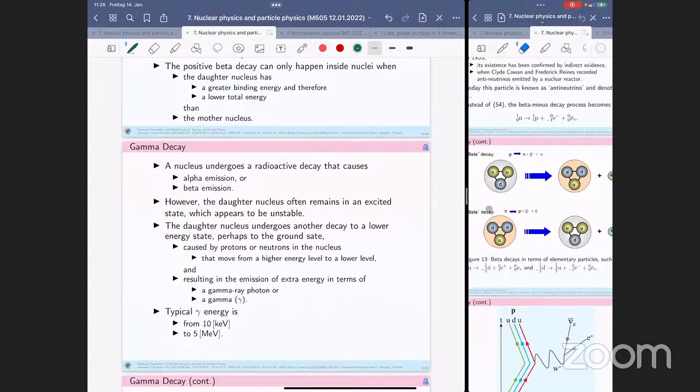The nucleus of nitrogen or potassium needs some time to cool down and remove the vibration. The removal of the vibration gives us the photon, and that photon is called gamma energy, gamma ray.